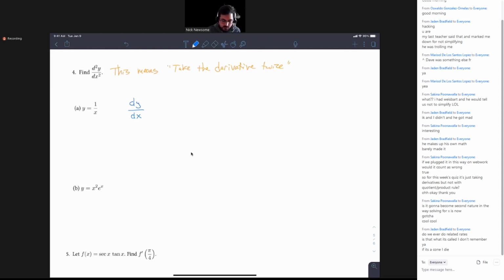All right. So dy dx just means take the derivative of the function 1 over x. And maybe before I take derivatives, we can say, hey, 1 over x, that's the same as x to the minus 1. Make the function look nicer. Because now it's a power rule.